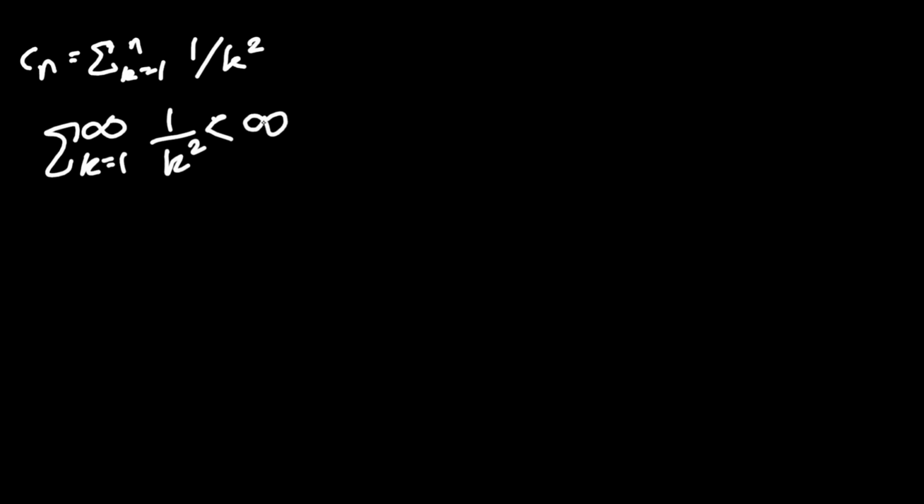And the reason we know this is because it's a convergent p series. So if you just remember your p series, you remember that the infinite sum of 1 over k squared actually converges to pi squared over 6. The exact reasoning behind that isn't in the scope of the video, but it's a cool fun fact to know.